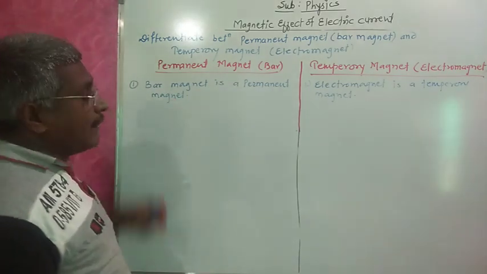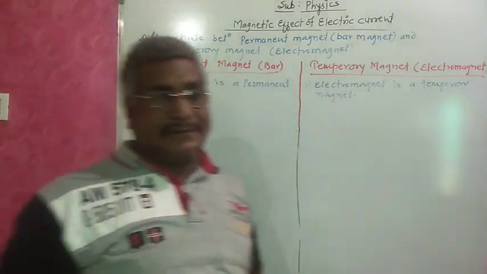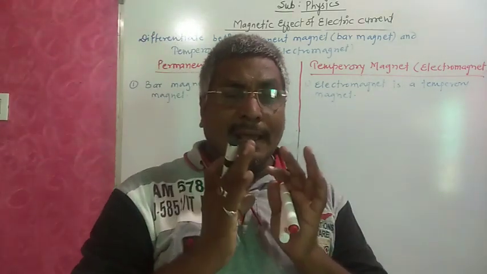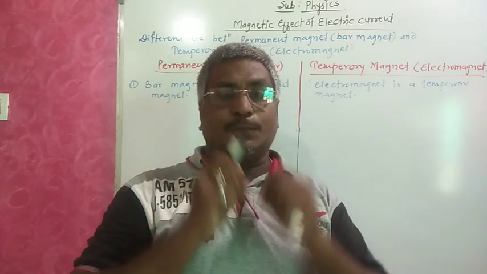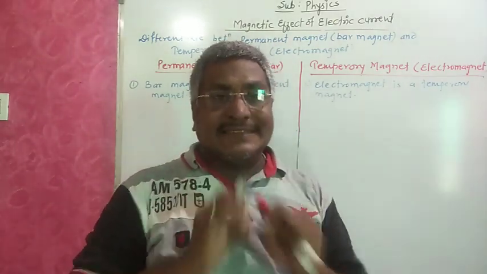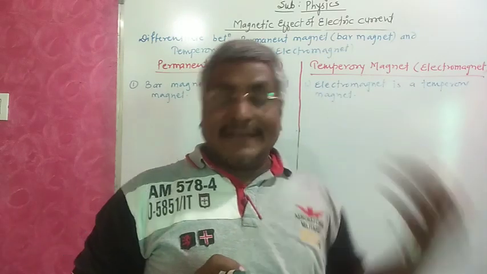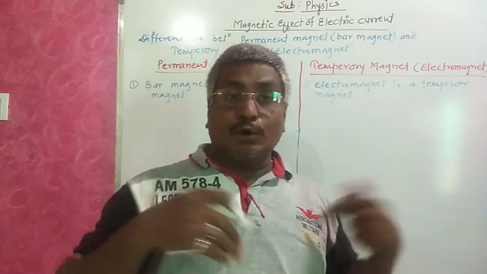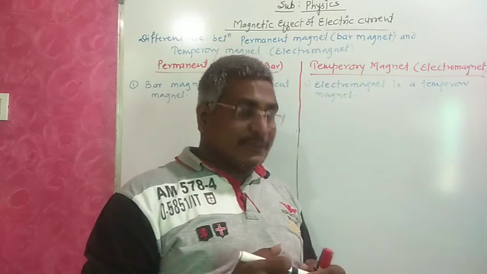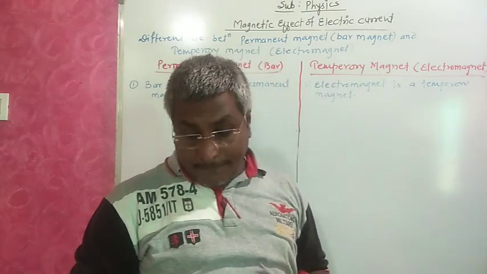But a bar magnet cannot lose the magnetism. Whatever magnetism was originally produced in it stays as it is. There is no change. We cannot increase, we cannot decrease, or we cannot lose it. So that's why it is called the permanent magnet.